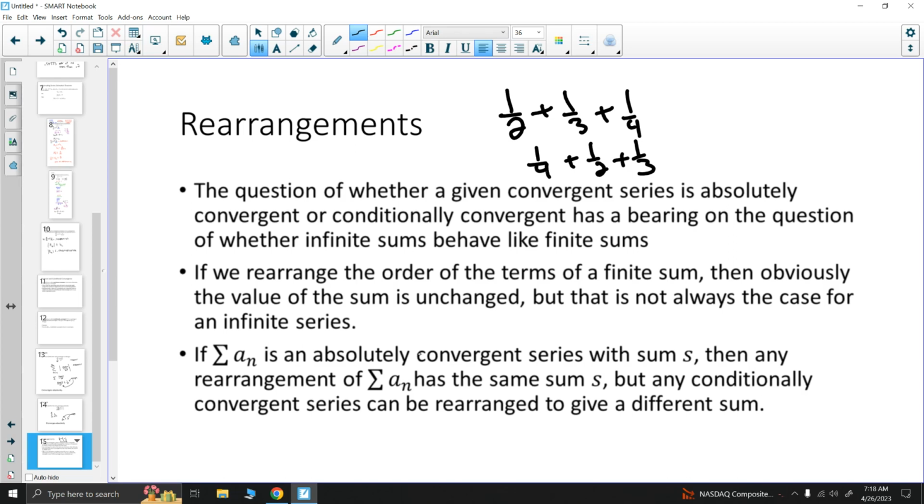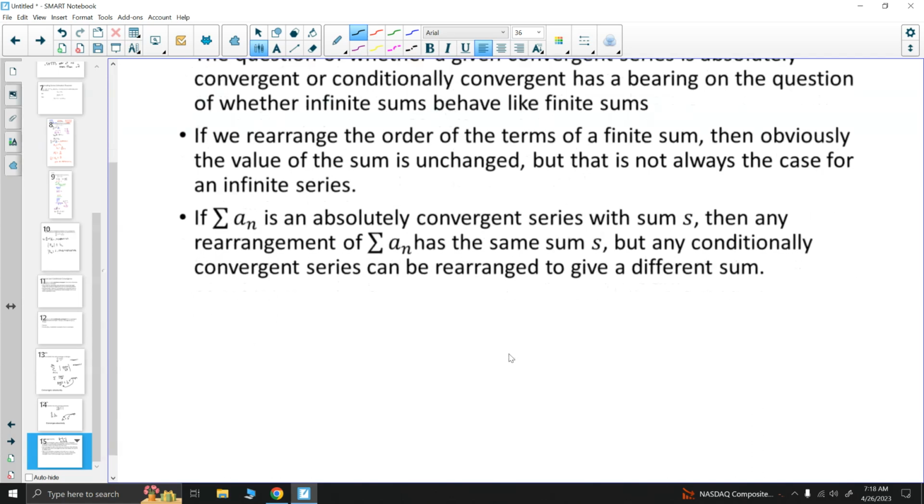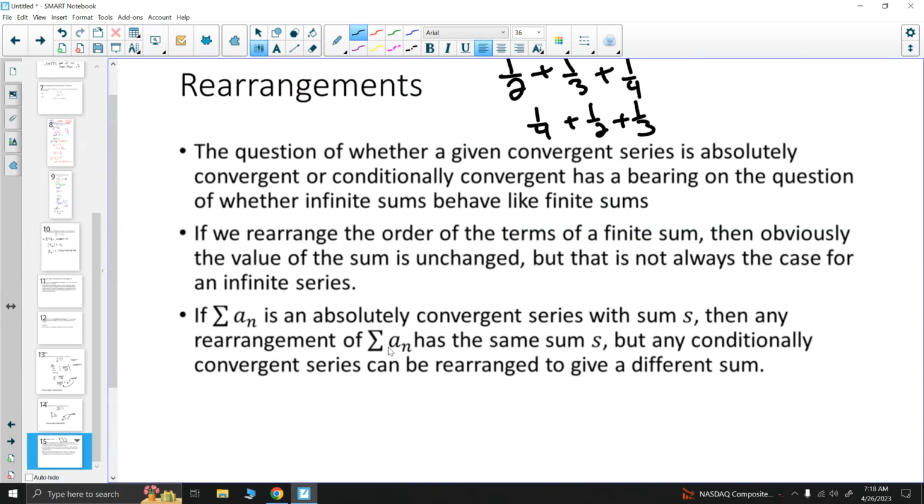If we have an absolutely convergent series with some sum, then any arrangement of it will have the same sum. However, any conditionally convergent series can be rearranged to give a different sum. So an infinite sum could be different if it's not absolutely convergent. So the order would matter.